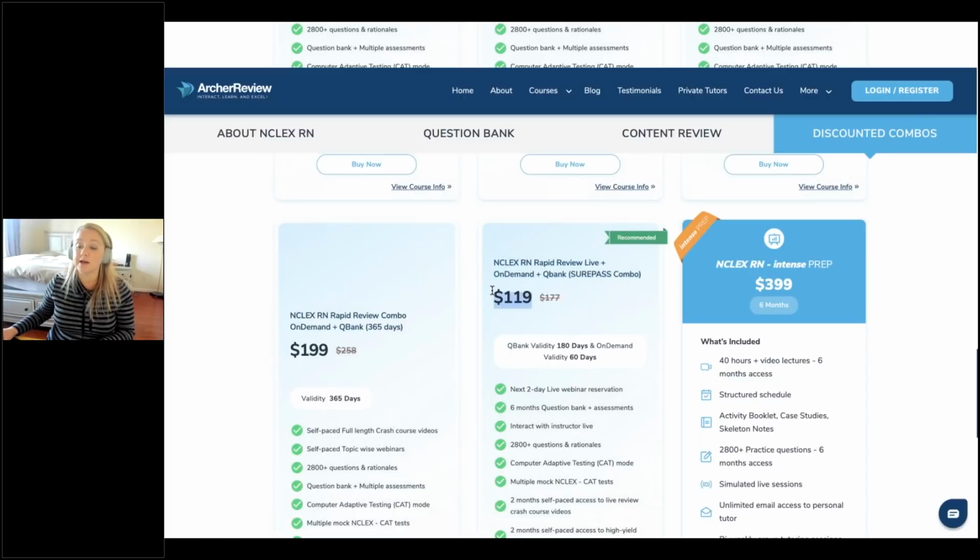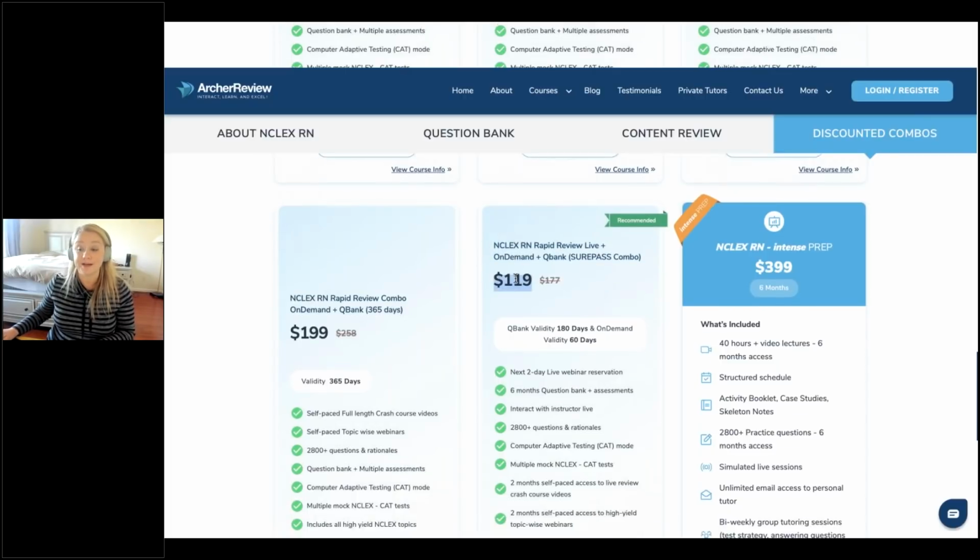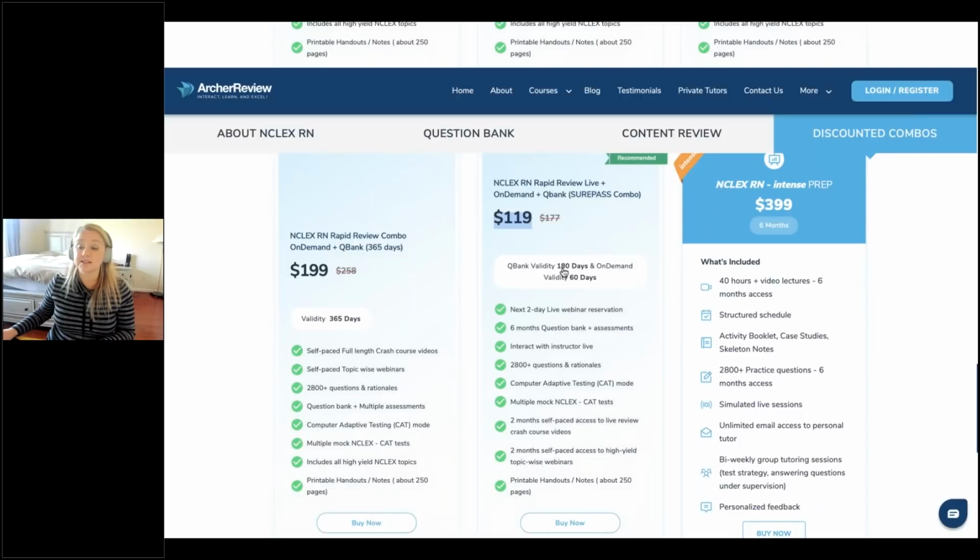It's on sale right now for just $119. And that's going to give you access to the question bank for 6 months and access to the on-demand videos for 60 days. So it tells you right there the validity, how long you're going to have access. You get a lot of value with that SurePass combination.